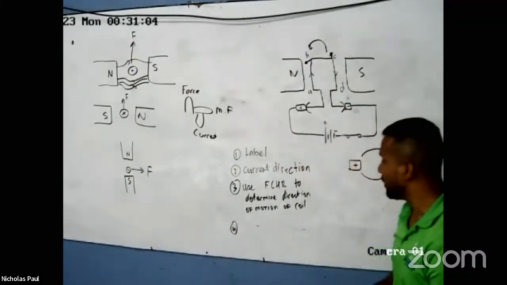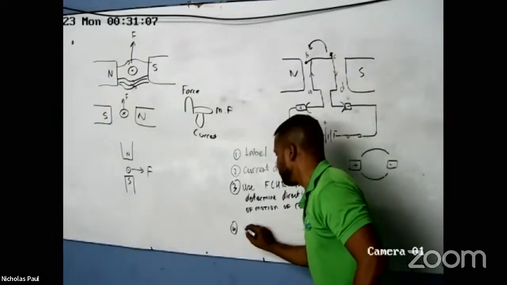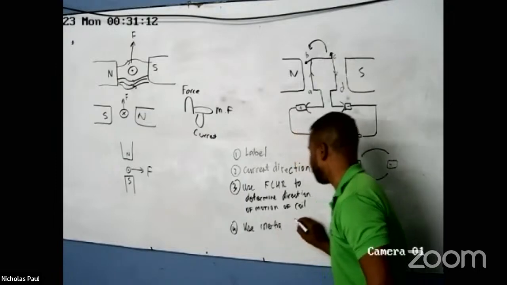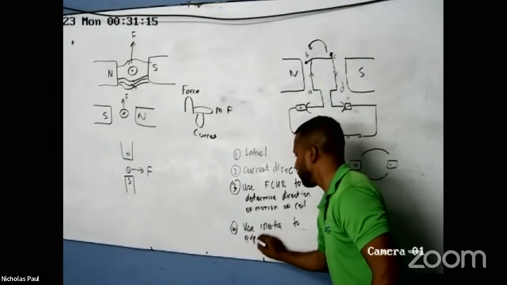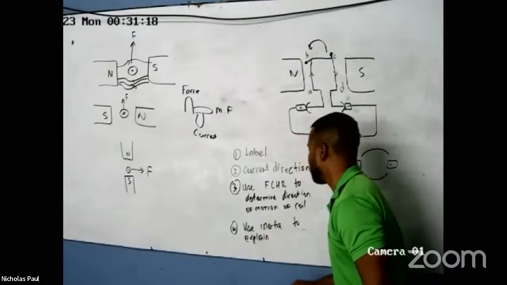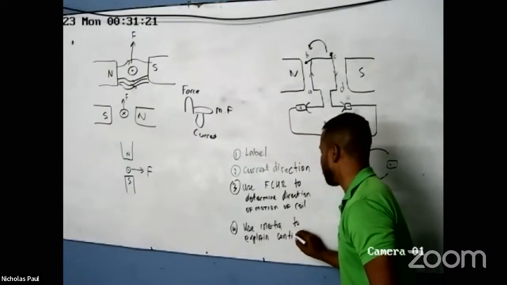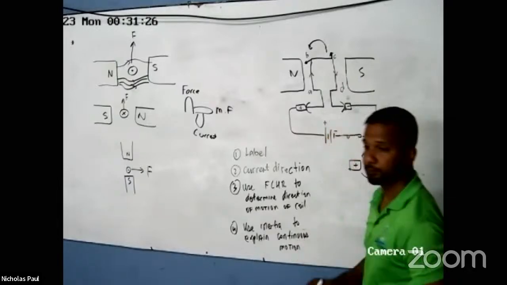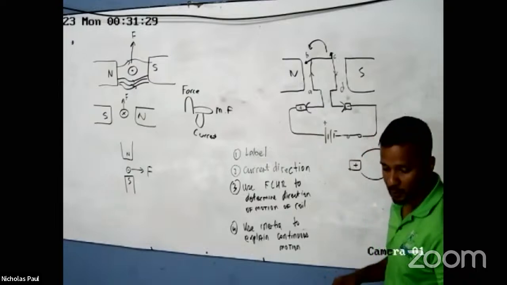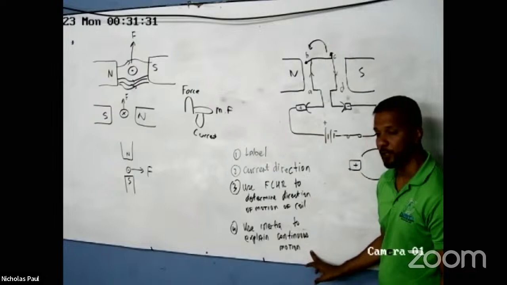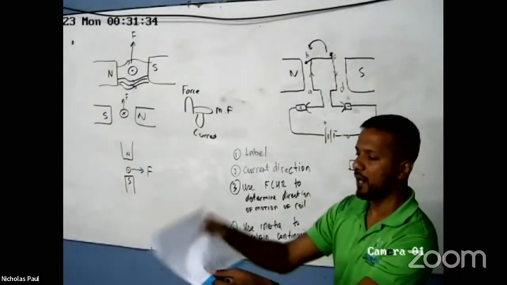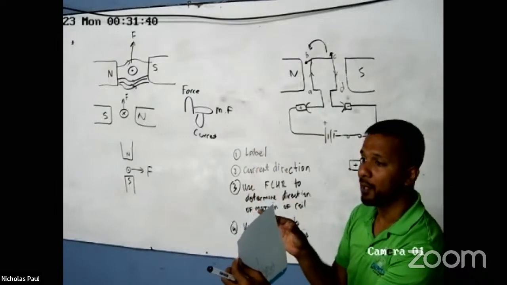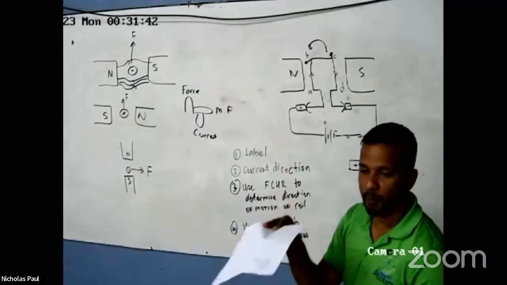So in step 4, you have to use inertia to explain continuous motion. So when the coil is vertical, no current will flow, but because of inertia, it will move to the opposite side.